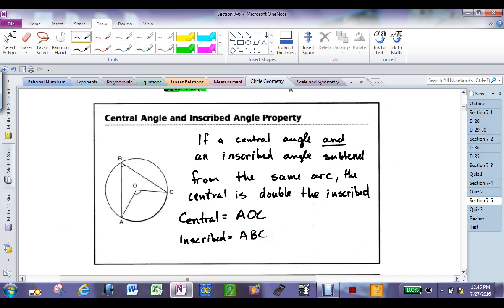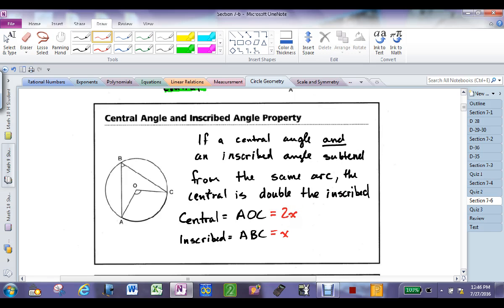ABC. Everybody cool? Do we know the angle for ABC? No. So it's another unknown, isn't it? So I'm going to do this in 2 ways. If ABC equals X, then what is AOC? No. The central angle is double the inscribed. 2X. Doubled. 2X. Not squared.